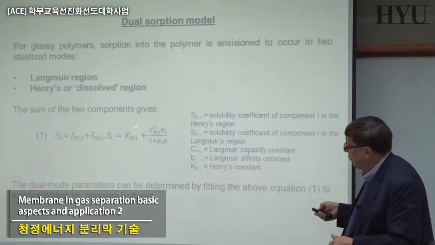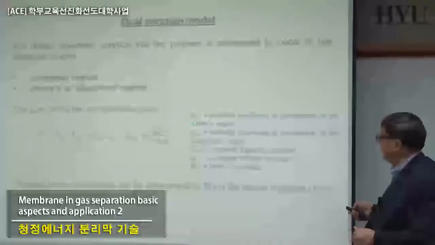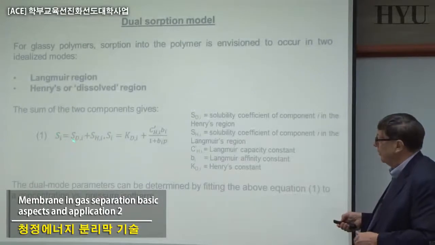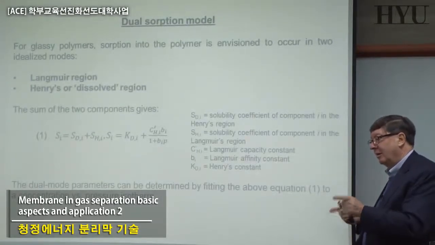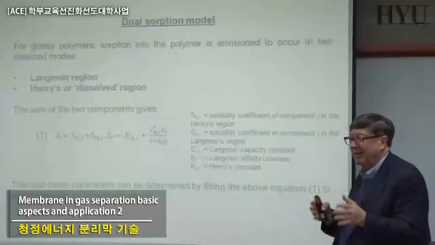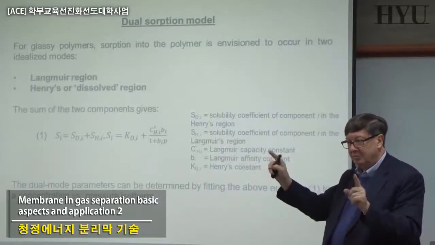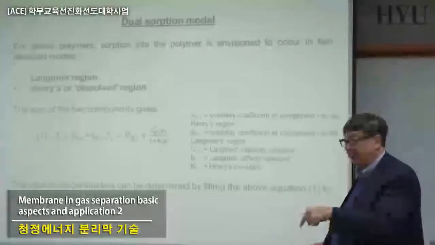And so when you write, for example, the solubility coefficient of your component, you have to write it in this way, because some of the species that you solubilize are not the ones that diffuse. In principle, we normally assume that everything that solubilizes in the polymer will go through. Not at all. Part of the species that are solubilized are not going through.